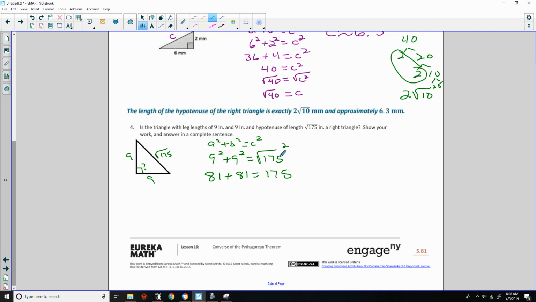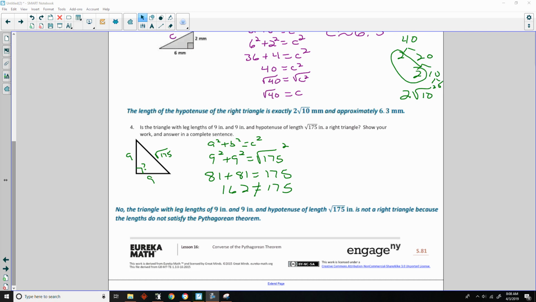The square root of 175 squared is 175. 81 plus 81 is 162, and that does not equal 175, so my answer is no. A triangle with leg lengths of 9 inches and 9 inches and a hypotenuse of the square root of 175 inches is not a right triangle because the lengths do not satisfy the Pythagorean theorem.